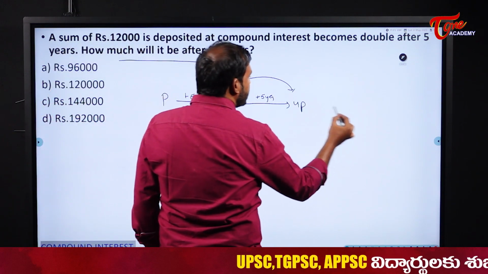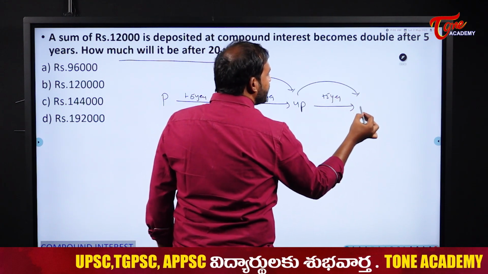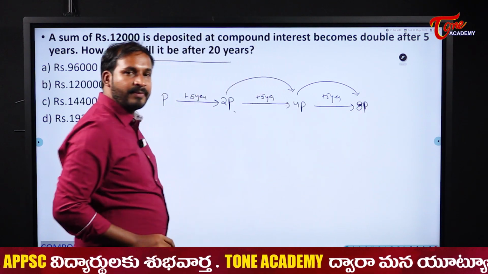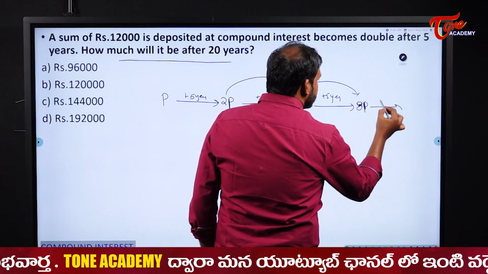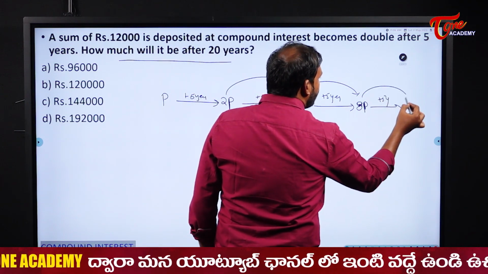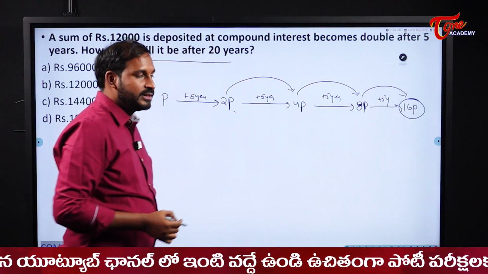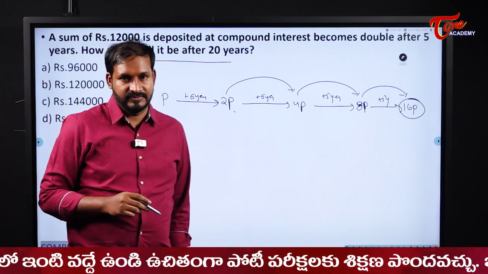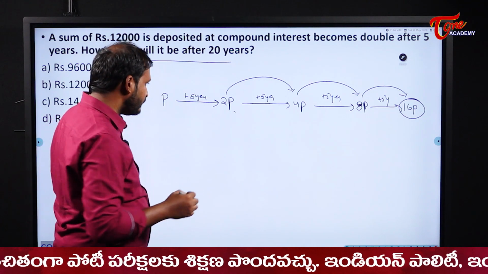Next, if 5 more years are passed, what happens to this one? It will become 8P. Till now, how many years have passed for me? 15 years. Next, once again 5 years. It will become 16P. That means how many times is it increasing? It is increasing by 16 times.